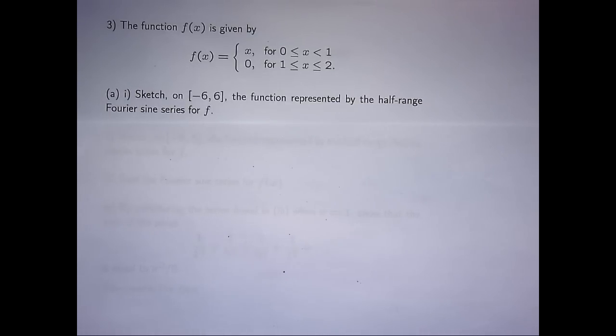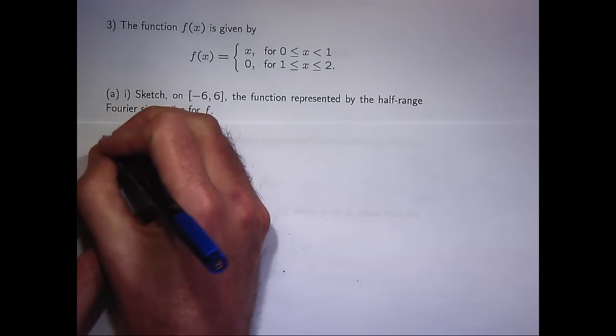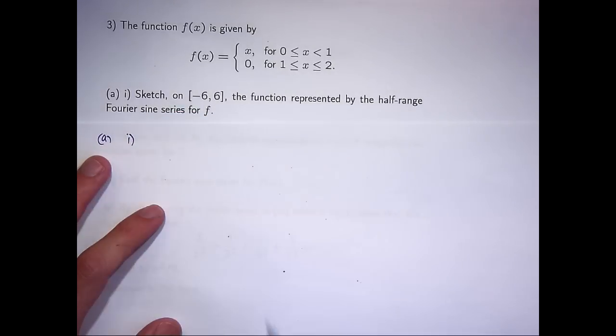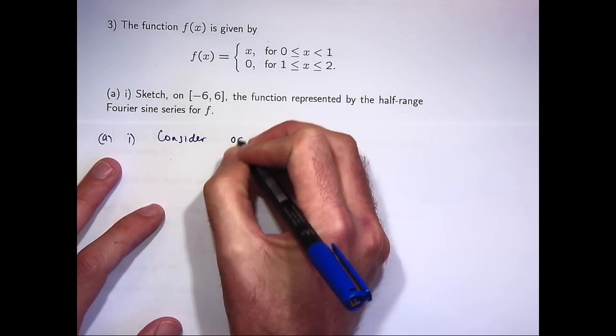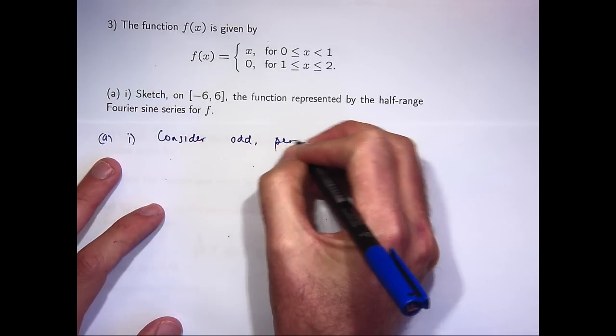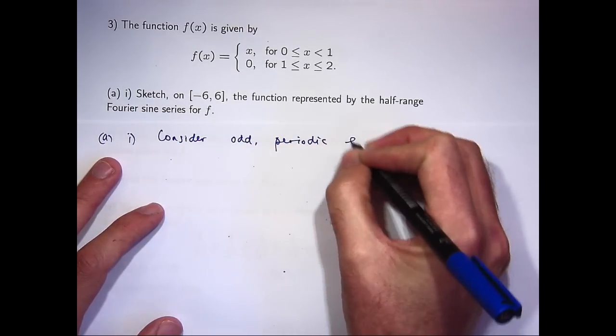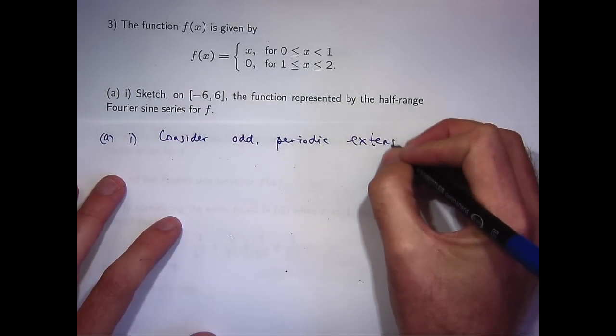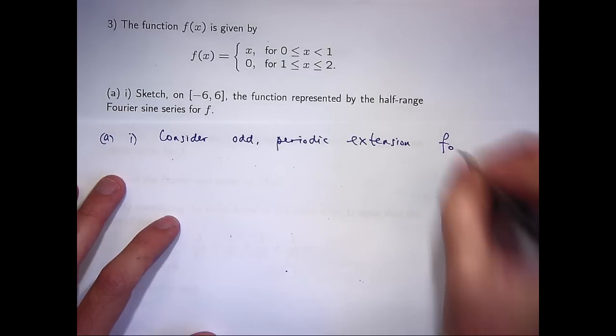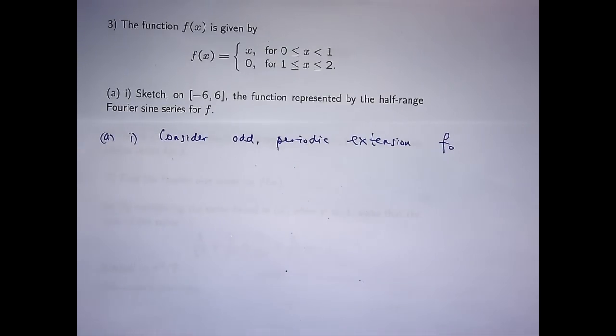You can go straight to the second sketch if you want to, but my aim here is to try to explain what's going on as well as doing the questions. Okay, f sub o, I'm going to call the odd periodic extension.